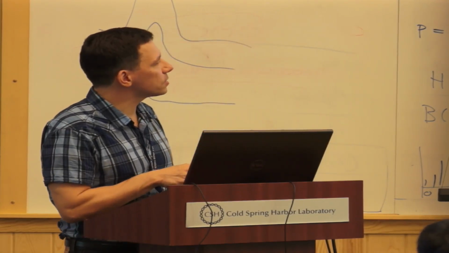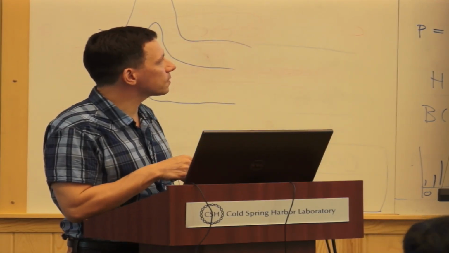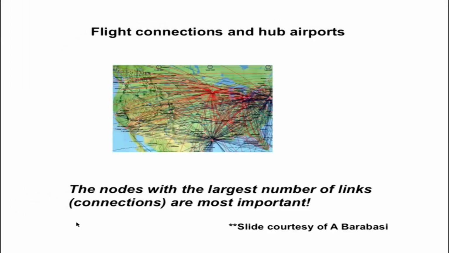Here's another analogy from Albert Barabasi. This map shows flight connections for a particular airline. And what you notice is there are certain cities that are hubs, that connect to a lot of other cities. And so again, that indicates that nodes with high connectivity are very important.